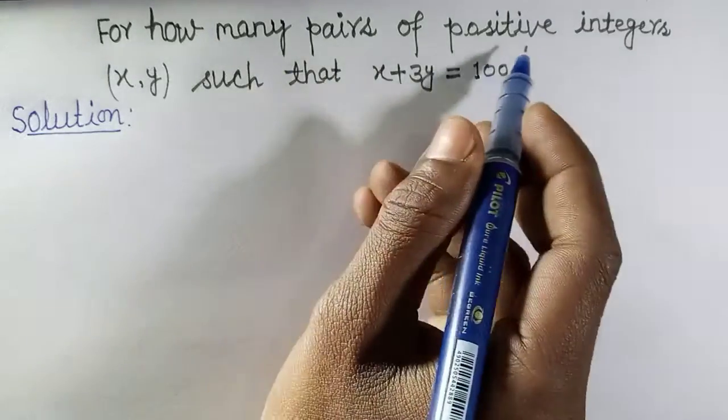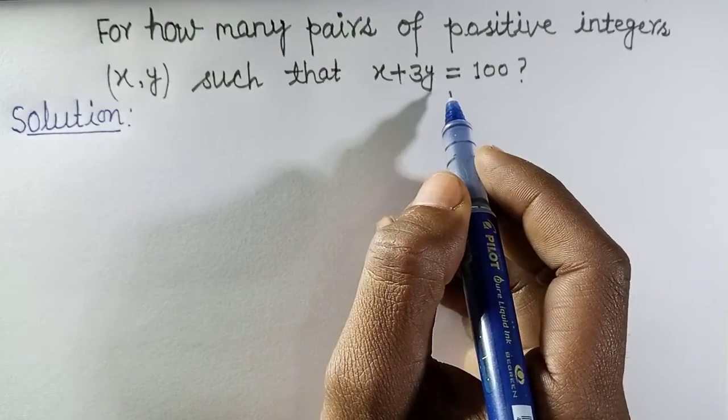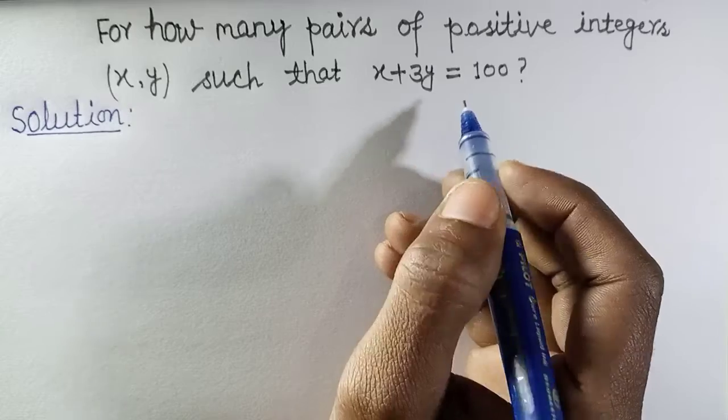For how many pairs of positive integers x, y such that x plus 3y is equal to 100.